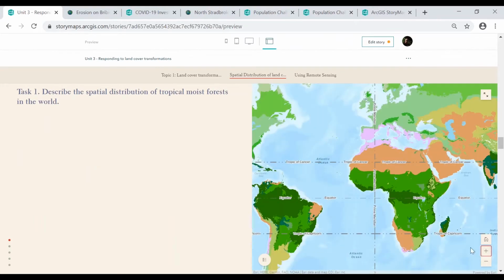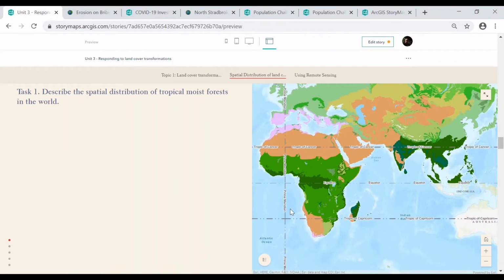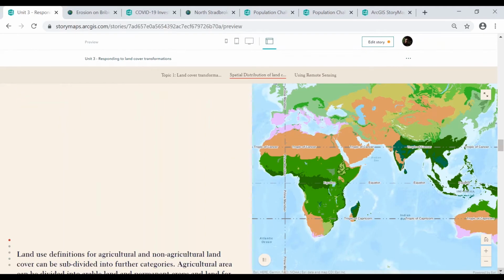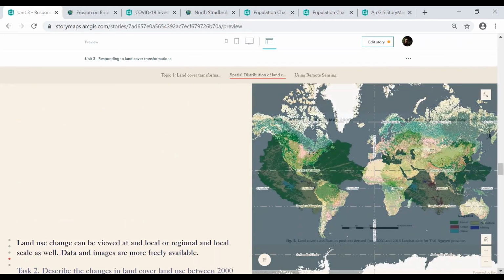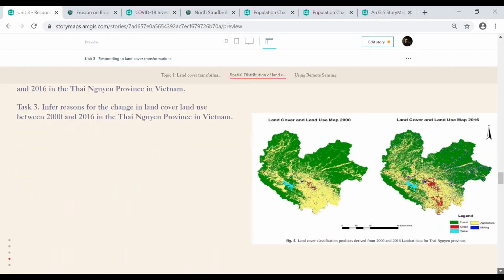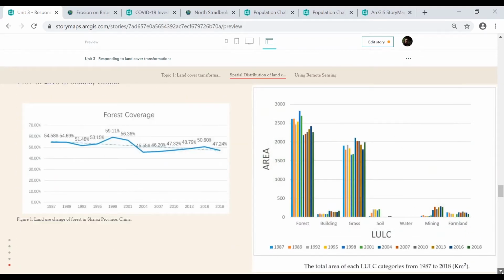This was an activity I did with my Year 11s recently for their Year 12 unit, and they described the spatial distribution of tropical moist forests in the world. So it's a really interactive way to get your students engaged and introduce them to some of the tasks and some of the abilities of GIS as well.